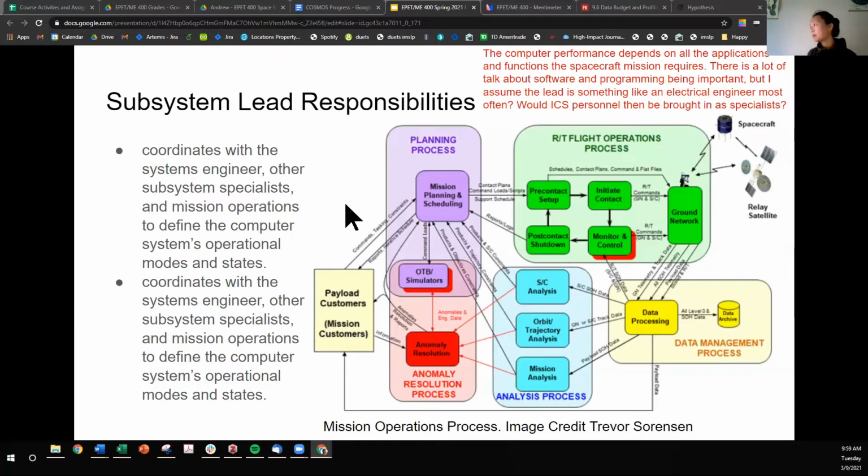So I have a question up here that's talking about, there's a lot of talk about software and programming being important, but I assume the lead is something like an electrical engineer. Would information and computer science personnel be brought in as specialists? So yeah, there is the avionics part, which should be handled by the electrical engineer, or is most qualified with an electrical engineering background.